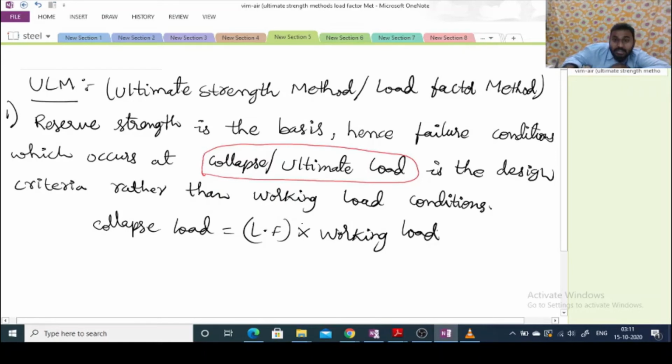Already we have discussed in the first unit of our discussion, that is in plastic analysis. See here, the other name for this ultimate load method is plastic method. It means whatever concepts and theories we have discussed in plastic analysis, all those we are going to make use of here in this design.